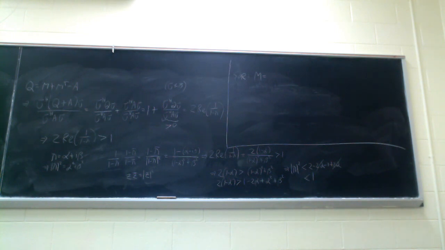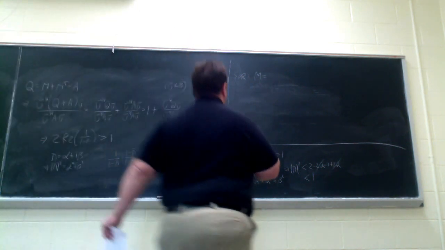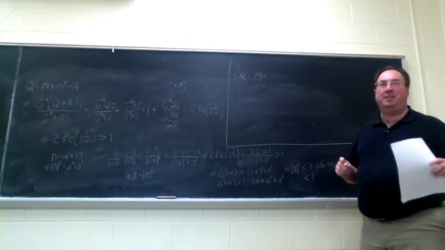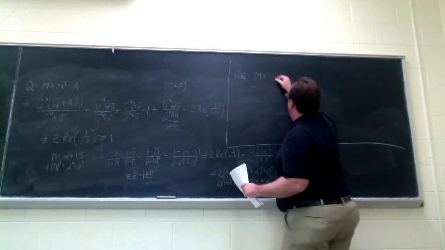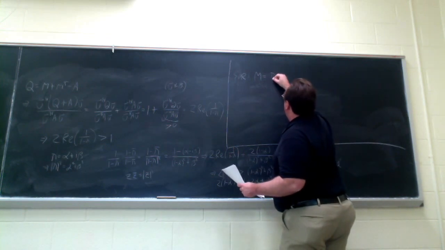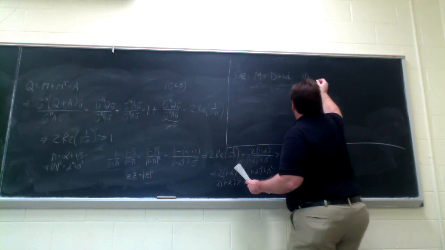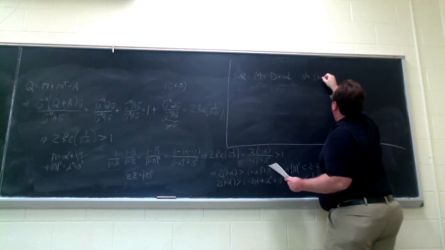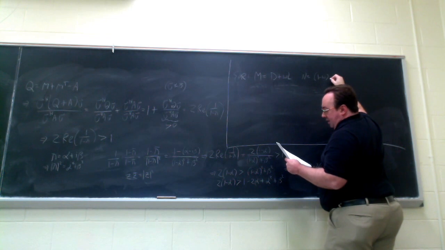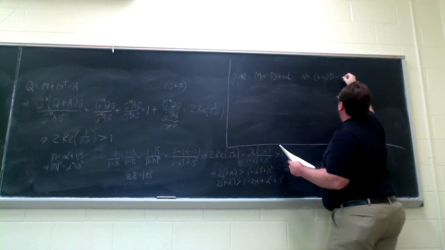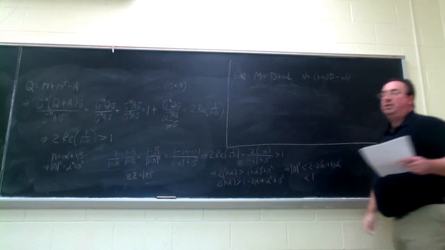I goofed. Okay, no problem. Easily fixed. Now, first I'll write down what I wrote last time, and then I'll fix it. What I said last time was I had M is equal to D plus omega L, and N is equal to 1 minus omega D minus omega U. Here's where I goofed.